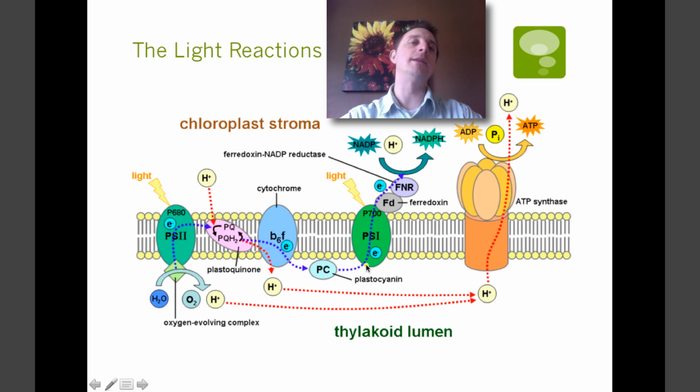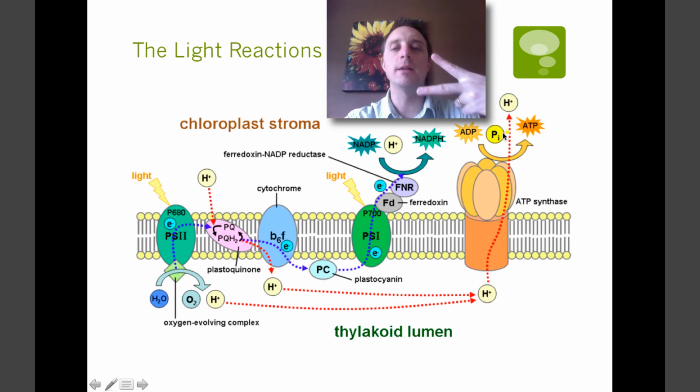The electron then ends up in photosystem 1, where more light comes in and excites another electron, and that high energy electron becomes part of this molecule NADPH, which is one of the high energy products of the light reactions. The other high energy product is ATP, and that is made by ATP synthase by taking the energy from the hydrogen ion gradient created over here and allowing hydrogen to diffuse back down, back out of the thylakoid, and the energy is captured as ATP.